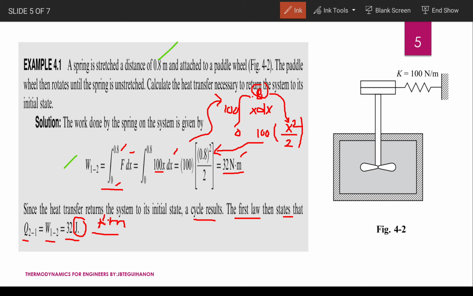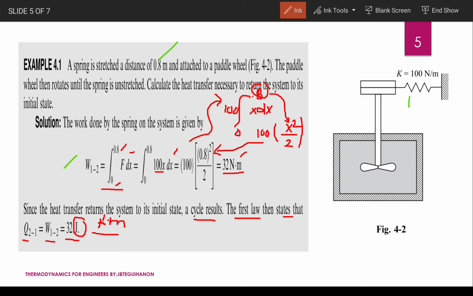Integral of 0 to 0.8 of F times delta T, hindi, delta X. May X ka rito eh. Okay, may X dyan. And that is equal to 100, itong K. Nag-jump siya kagad, no? Actually, yung F mo, binreakdown niya.